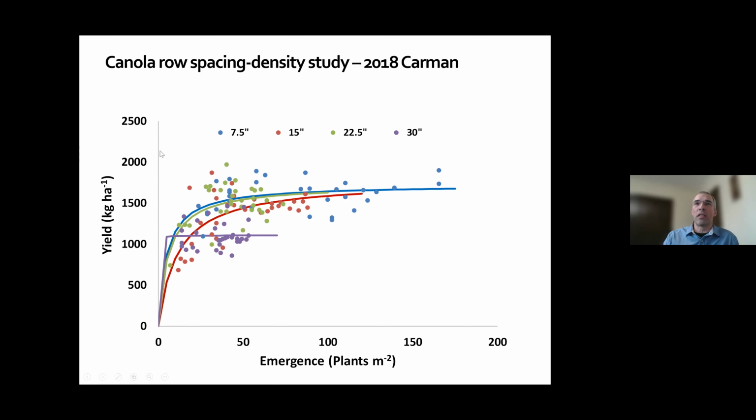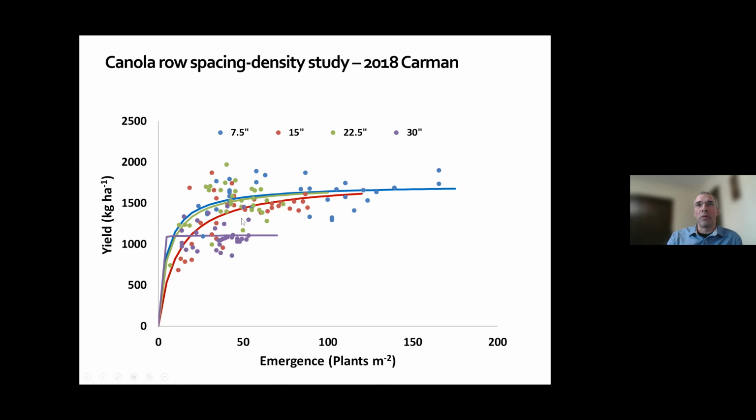What we've noticed, and this goes across all the experiments and the data I've seen so far, is that narrow row spacings, all the way up to about 22 inches, give or take, have the same yield response curve. And so the canola plants are able to use that space. Although maybe from a weed management perspective, that might not always be the right choice to go with these extra wide row spacings.